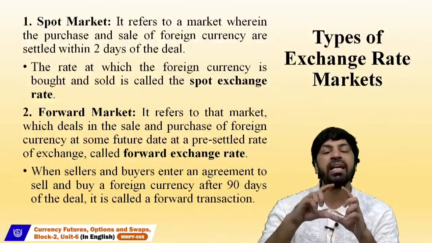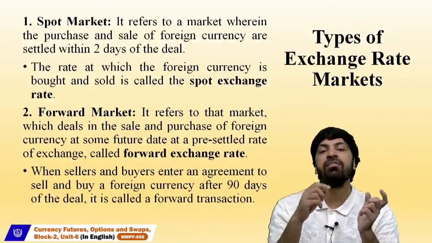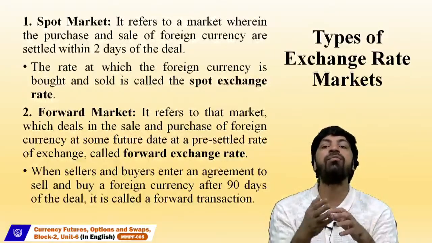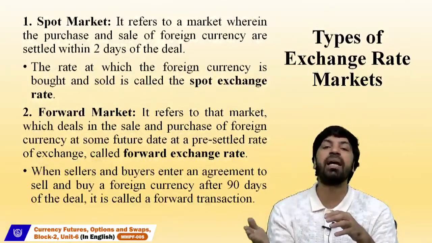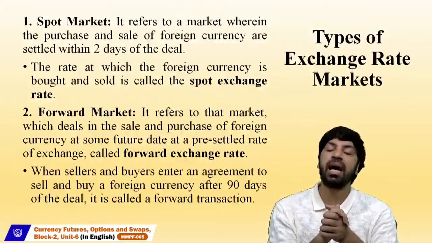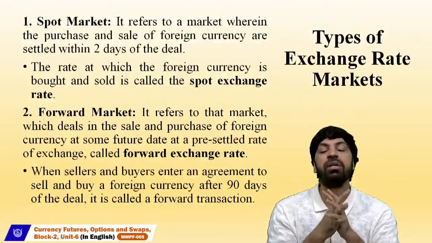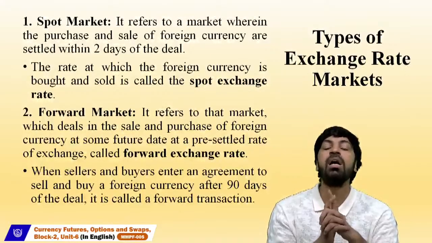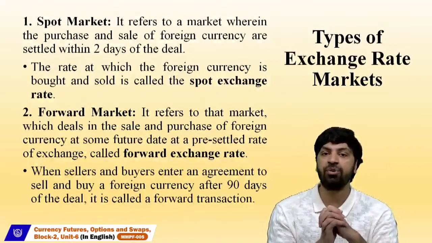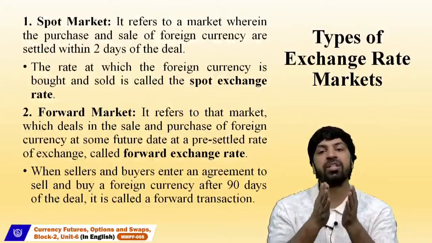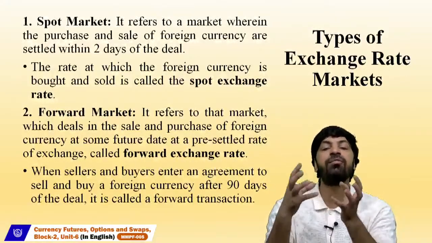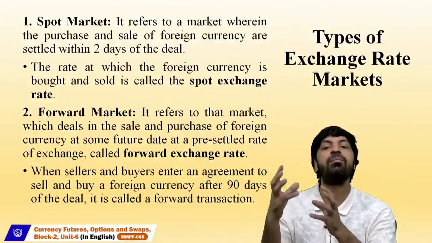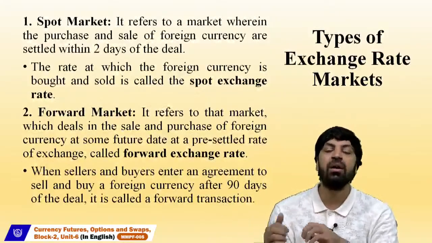If any term reflects a future date or a predetermined date, that market is called the forward market, or the forward exchange rate, because we are exchanging the currencies at a future date at a predetermined rate of exchange.